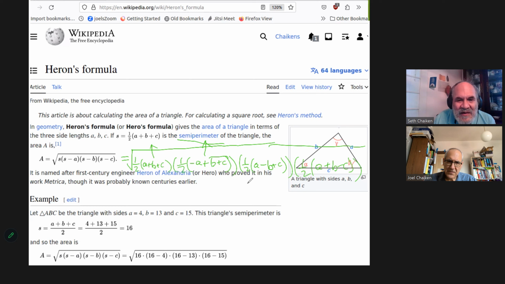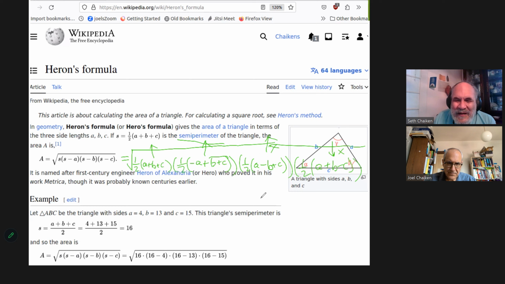Now, if you increase B and C, this term could go up or go down, depending on how much A and B and C go up and down. But however much this goes up, if this goes up by X, this goes down by X.